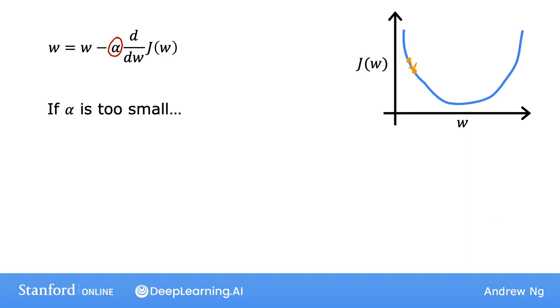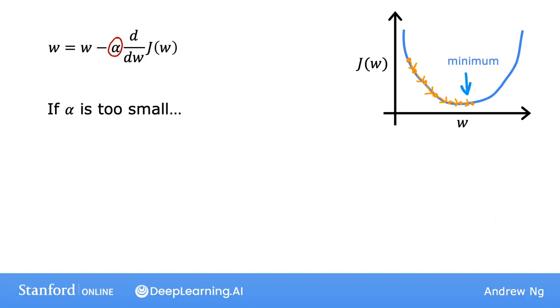Then from this point, you're going to take another tiny little baby step. But because the learning rate is so small, the second step is also just minuscule. The outcome of this process is that you do end up decreasing the cost J, but incredibly slowly. So here's another step, and another step, another tiny step, until you finally approach the minimum.